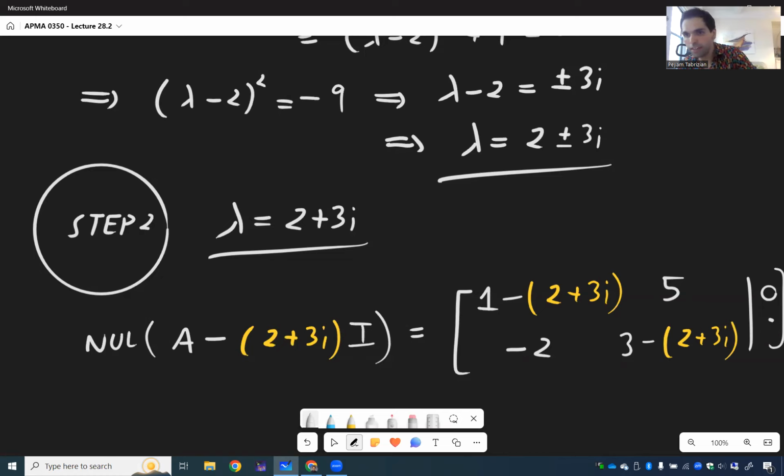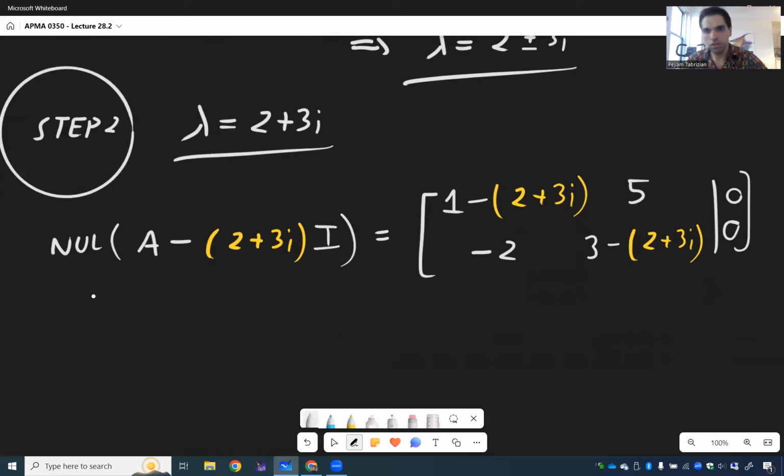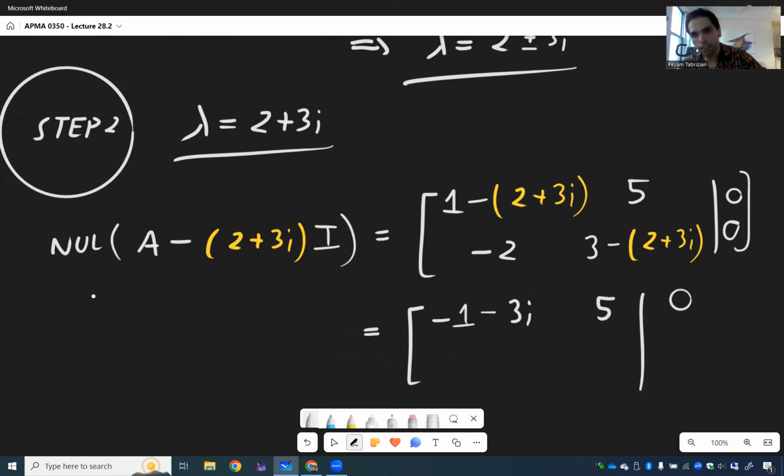Let's simplify this a little bit. So that equals minus 1 minus 3i, 5, 0, and then minus 2, 1 minus 3i, 0. And remember the trick?